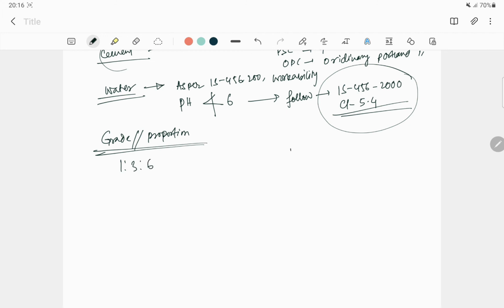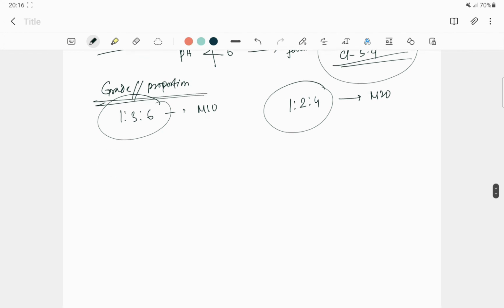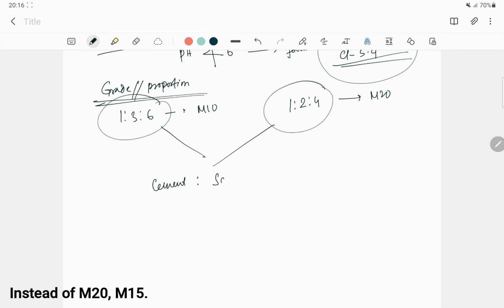Sometimes we use 1 is to 2 is to 4. 1 is to 3 is to 6 is known as M10, and 1 is to 2 is to 4 is known as M20. But what is the 1, the 3, and the 6? This is cement is to sand is to stone chips.